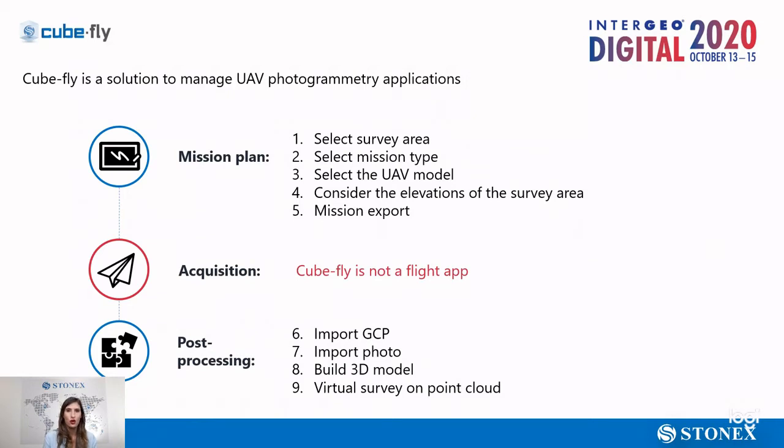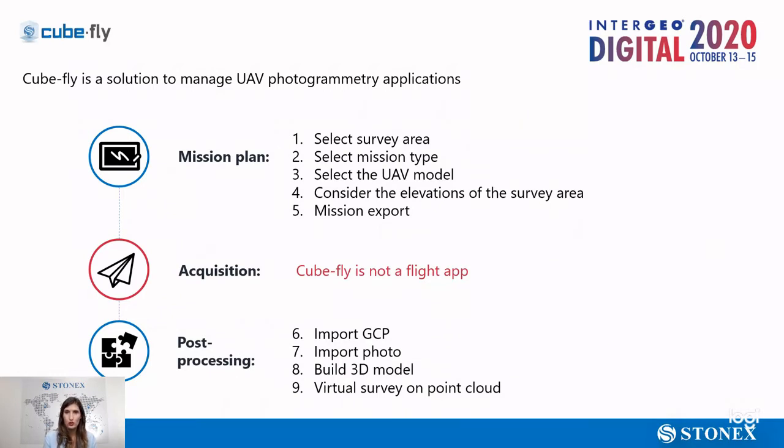So in the software, you import the ground control points measured by a GPS, and you import the photos that the drone took. And then, from this information, the software can build the 3D model. So you can create dense clouds and meshes.